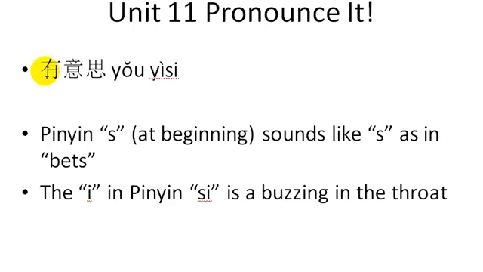Okay, yo, you should have no problem with. So the S here kind of sounds like the S in soap. So you have yo, e, and s. Now remember, this I is kind of like a buzzing in the throat. S. It's like a trailing s.